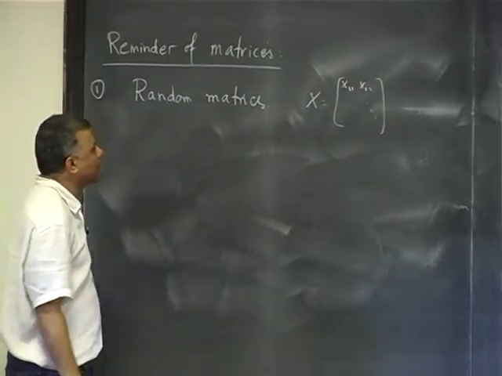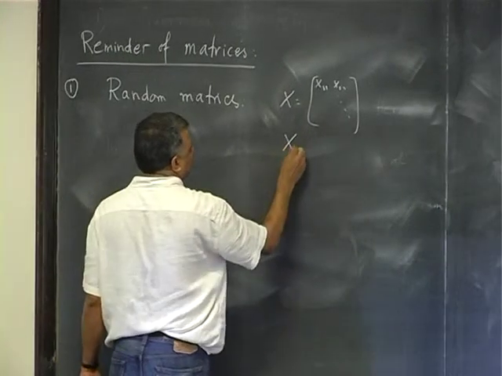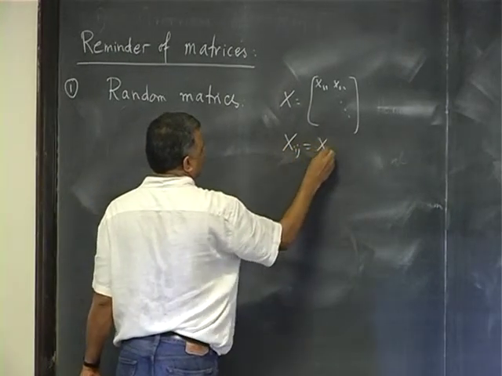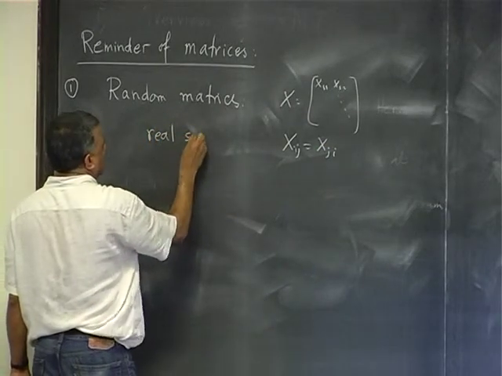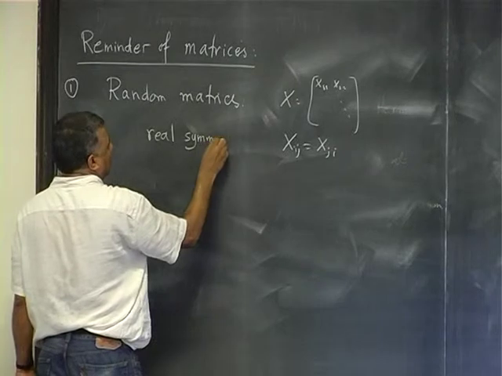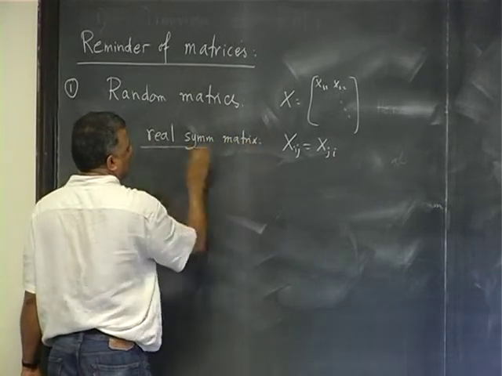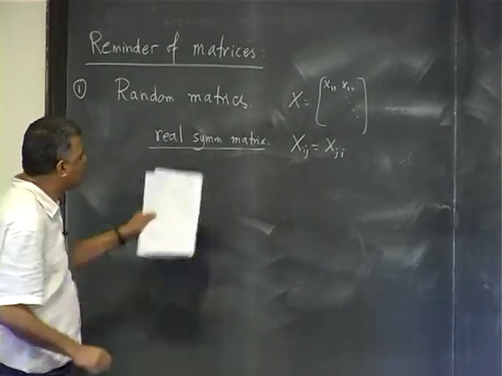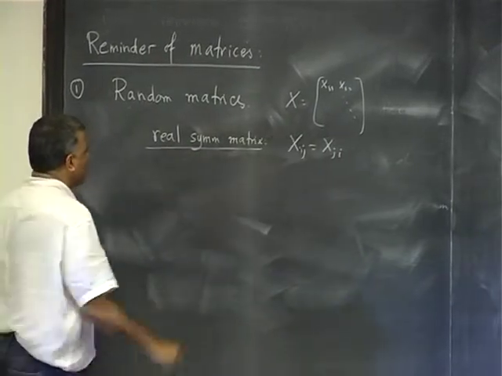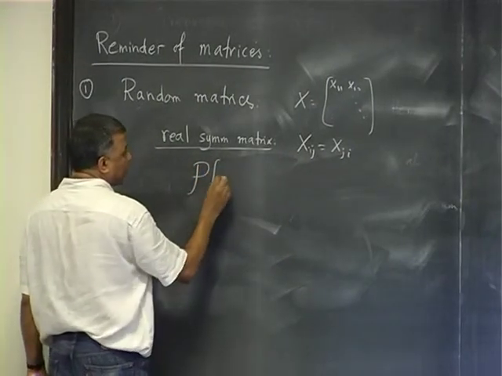So here you have the symmetry that Xij equal to Xji, a real symmetric matrix. Now I want to make them random, but always keeping this symmetry. That means I want to define some joint distribution of these matrix elements.